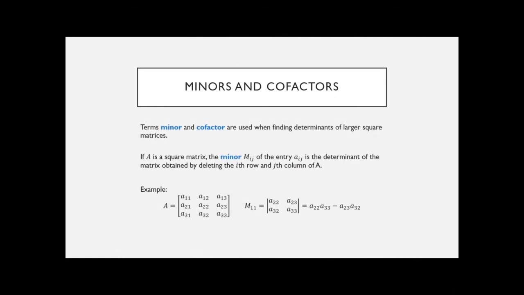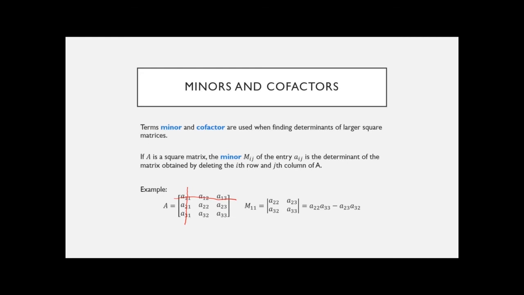So basically you have a square matrix, and we call the minor the determinant of the matrix obtained by deleting the ith row and jth column. So if I wanted to find the minor 1,1, the first row, first column, you're deleting the first row and the first column, and that leaves you with a 2x2 that you then find the determinant for.